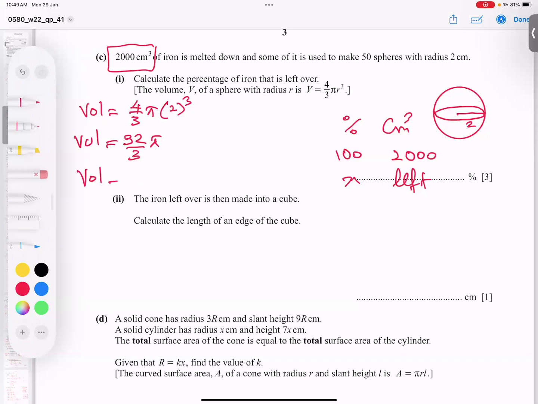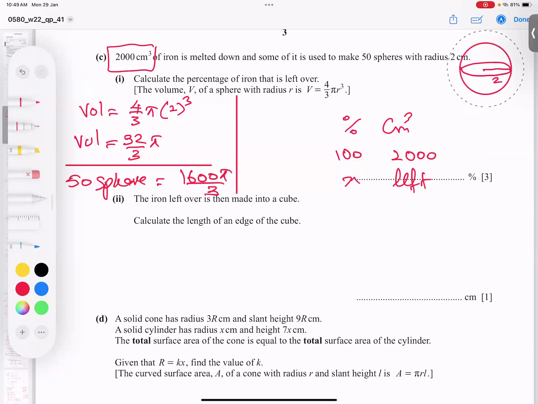This is the volume of one sphere. But he said 50 spheres. So what is the volume of 50 spheres? I multiply by 50, and I'm getting 1600 pi by 3.